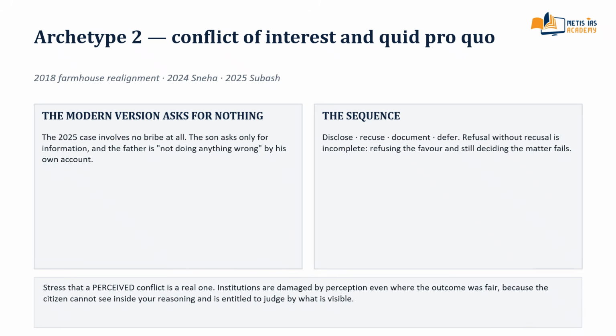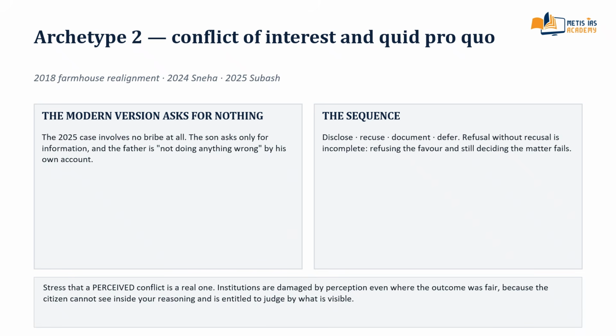So come to the stakeholders: the exchequer, the honest competitor who loses the tender, the farmers whose land is realigned into, the institution's credibility, the official, the family member and the person applying the pressure. Name the silent ones explicitly.